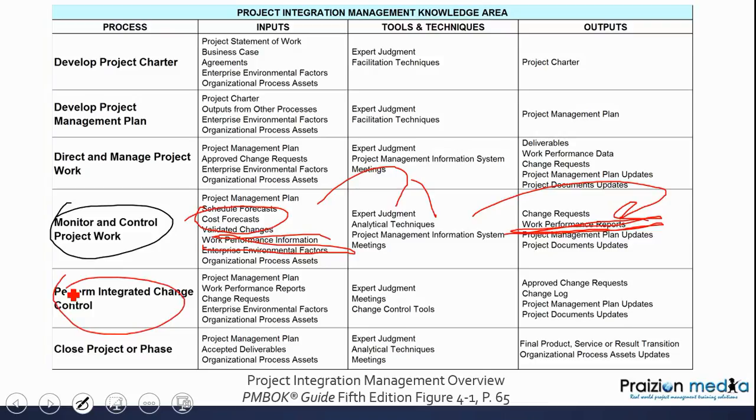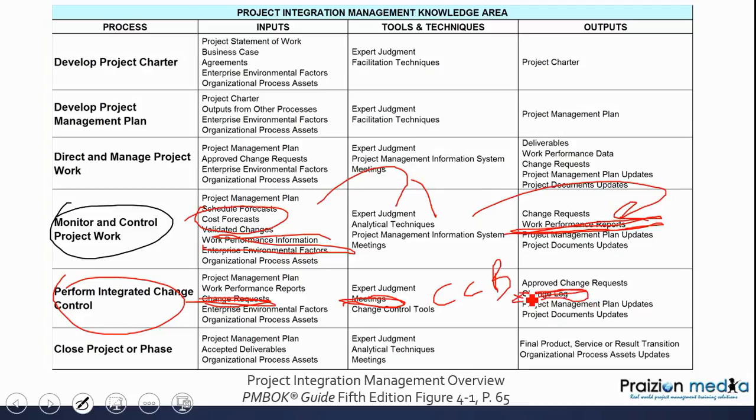This is where change requests are reviewed. Change requests, they are going to be reviewed through meetings, and these meetings are going to be held by the change control board, and ultimately they're going to approve or reject a change request. All that information about the approvals or the rejections is going to be put into a change log.